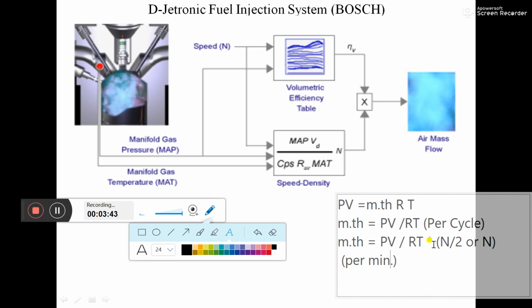So it is the theoretical mass that needs to be inducted by the engine per minute when n amount of revolutions take place. So this is what we have calculated theoretically. At this section of calculation, you are getting the theoretical mass per minute.